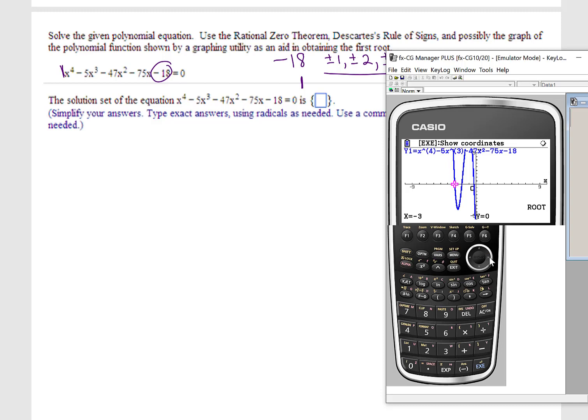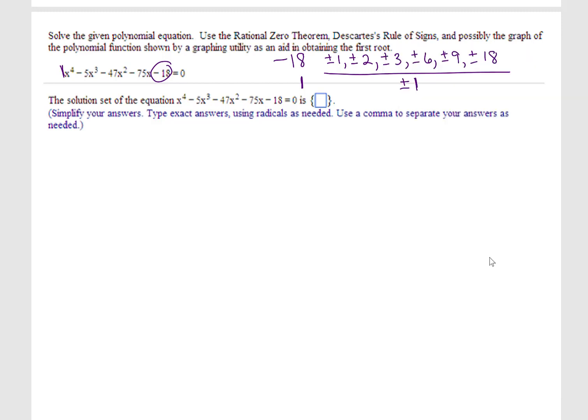So negative 3 and negative 2. Okay, I'm going to go ahead and put that here. Negative 3 and negative 2. And then we'll leave it open because we still have 2 other answers.